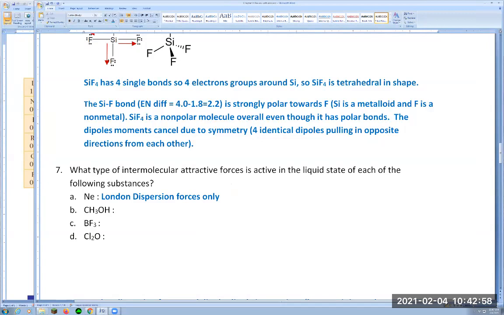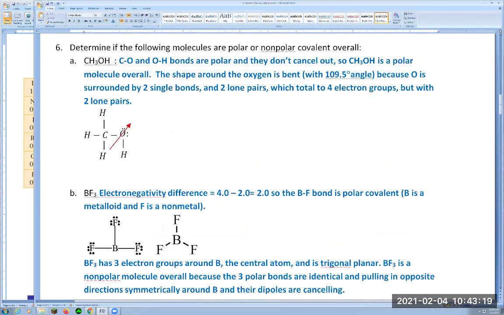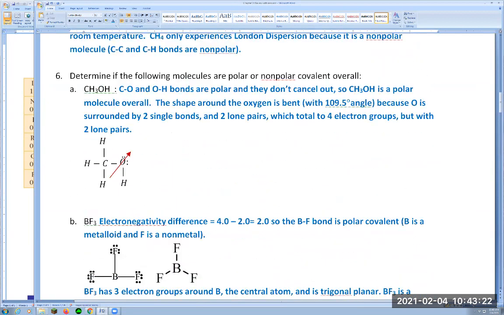So now, methanol, CH3OH. What are the attractive forces that are playing in the liquid state of methanol? To decide what forces act on a molecule, you need to decide if it's polar or not. So let's look back at what we decided for methanol. We said methanol is polar overall, because it has two polar bonds, the CO bond and the HO bond, and a bent shape around the oxygen.